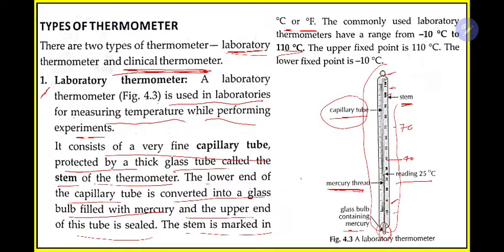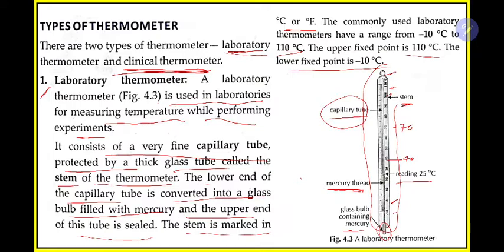The upper fixed point is 110 degree centigrade and the lower fixed point is -10 degree centigrade. They are telling us that in general, whatever thermometer we use in laboratories, if it is of Celsius scale, it will start from -10 degree and range up to 110 degree. That means the lower point will be -10 and the higher point will be 110.